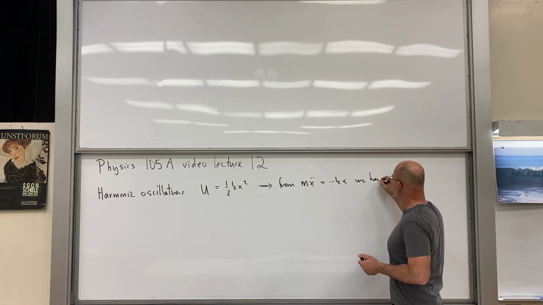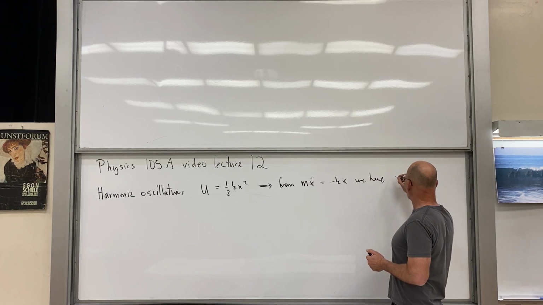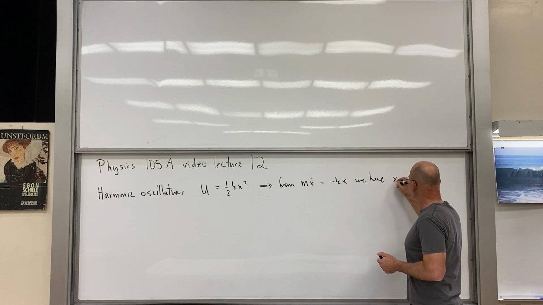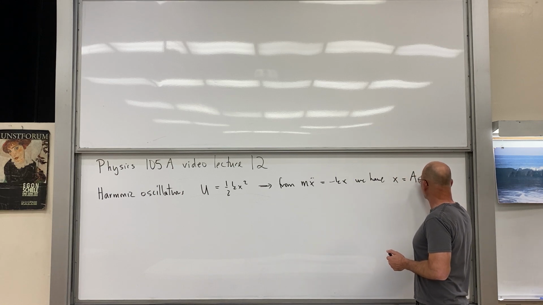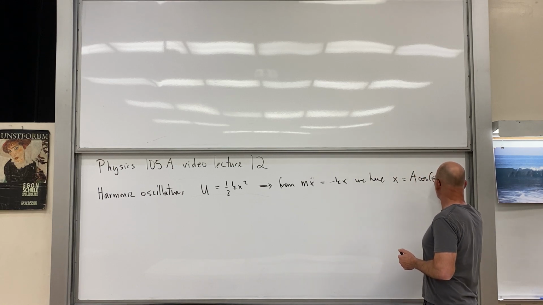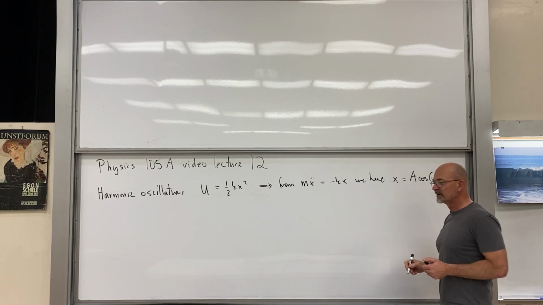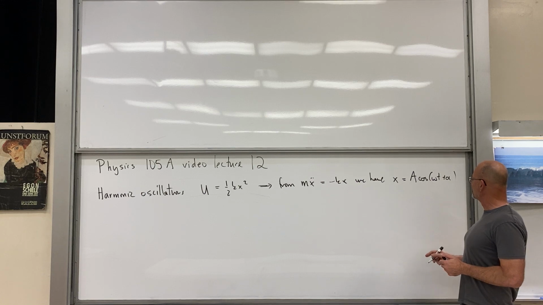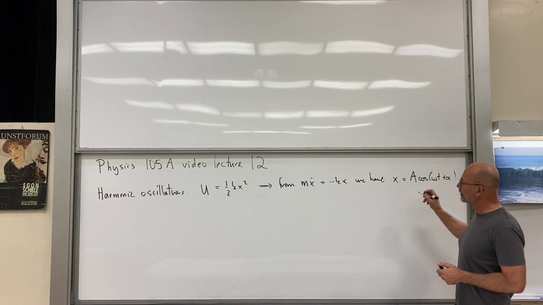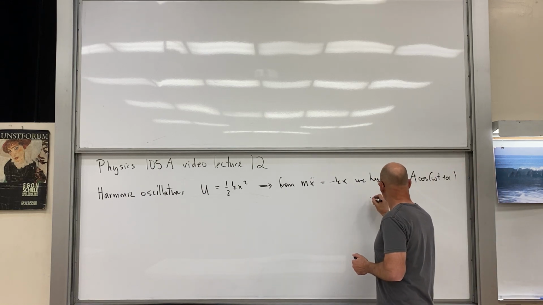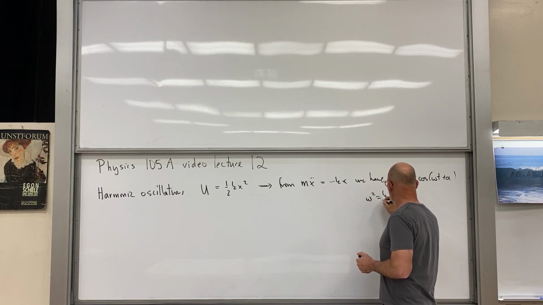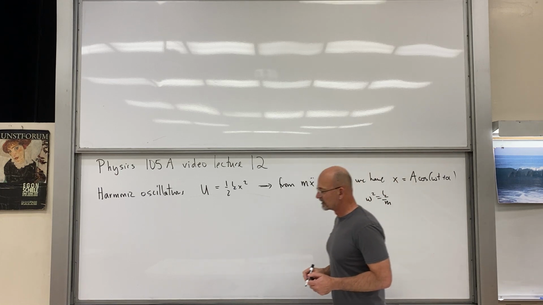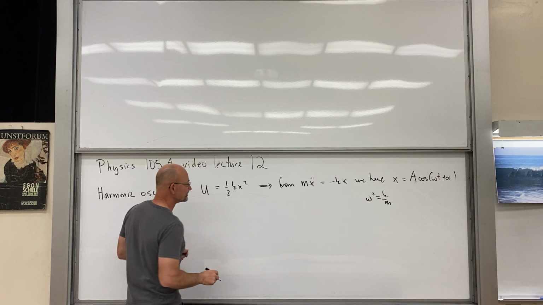We have x equals A cosine(omega t plus some phase constant alpha). A is the amplitude. Omega squared is equal to k over m. Okay. So we've been studying that.